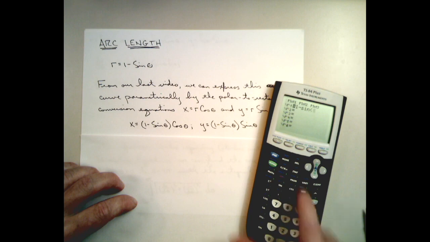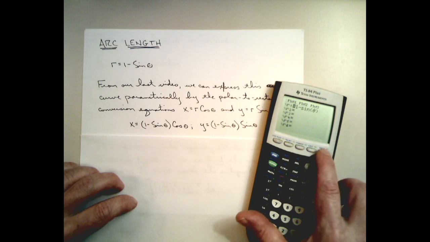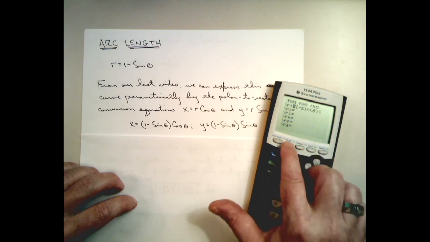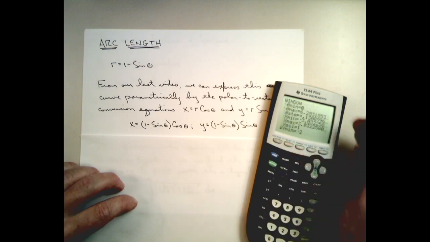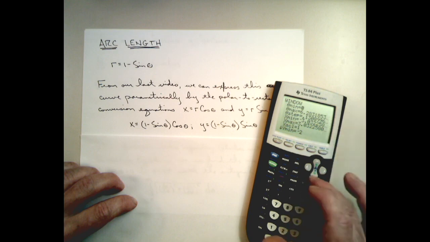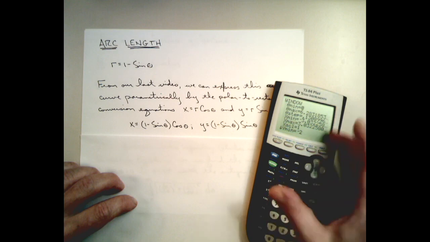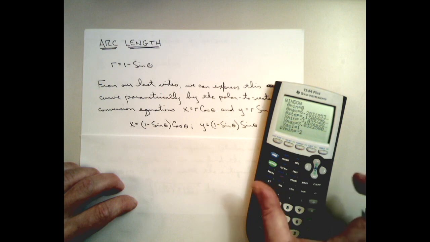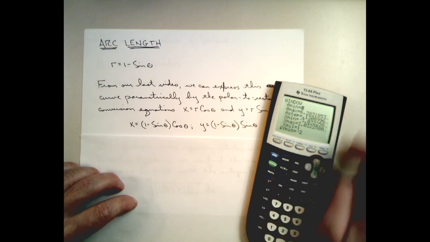So let's go ahead and just type that in, ask it to graph it. Make sure that your window is set to something reasonable, and mine is set for thetas between 0 and 2 pi. And it looks like my x values, I need at least from about -2 to 2, and I have -3 to 3.